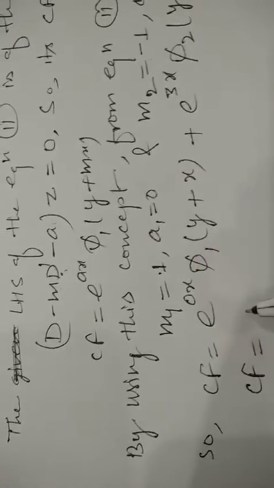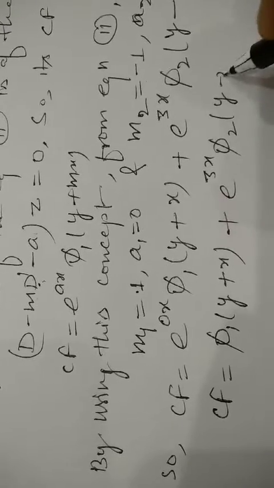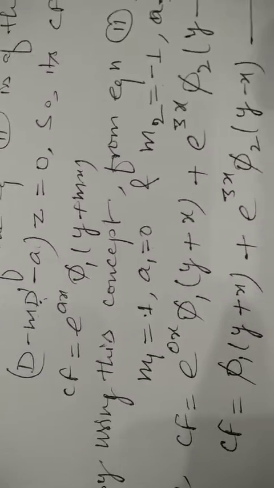It means that CF is e to the power 0 is 1, so phi 1 (y plus x) plus e to the power 3x phi 2 (y minus x). This is equation number 3. So students, just see here.